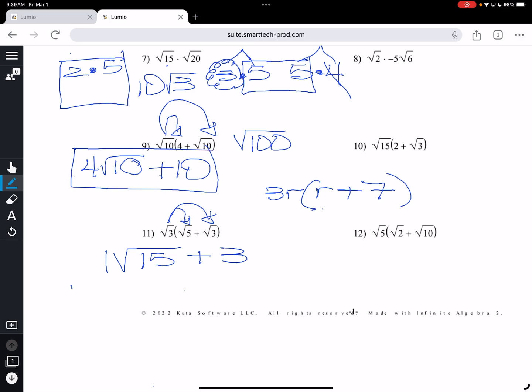We distribute the number outside the parentheses. You saw 3r squared plus 21r when we did this. So it's the same thing. Radical 3 times radical 5. Those are both inside the radical, so you can multiply those numbers and we get radical 15.